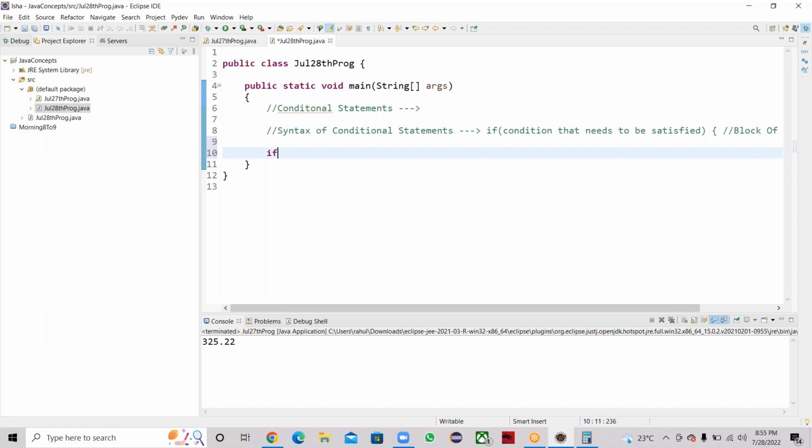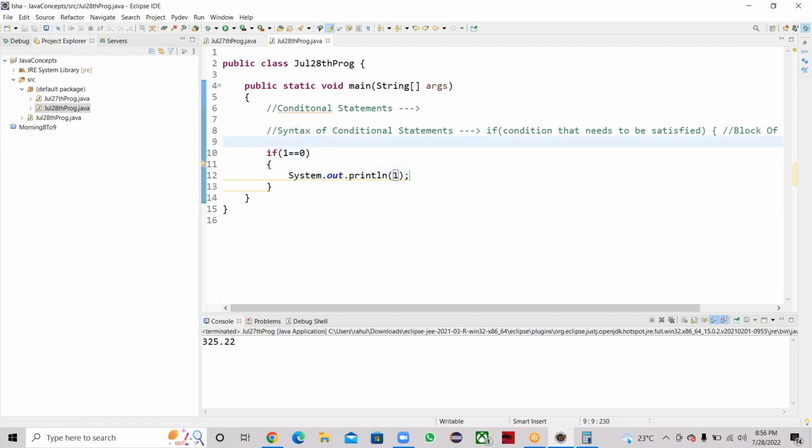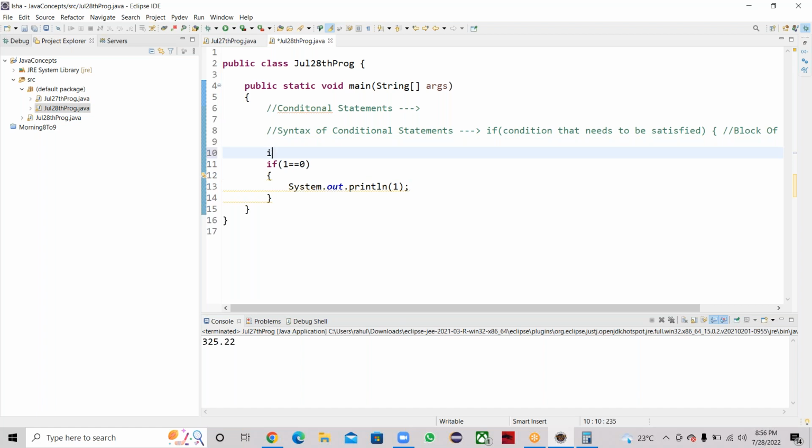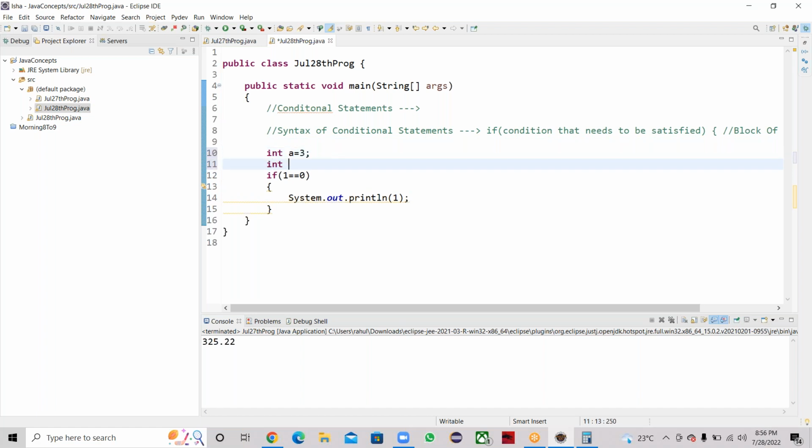I'll give you one example. So what is the output of this program?